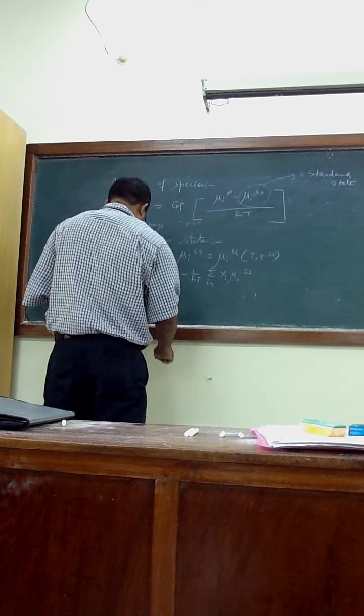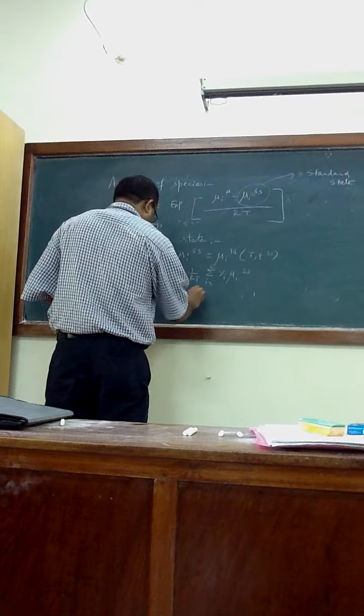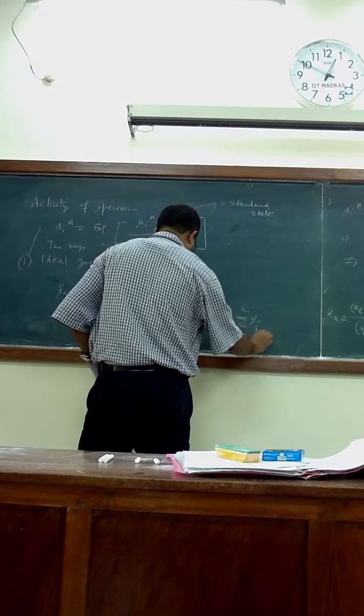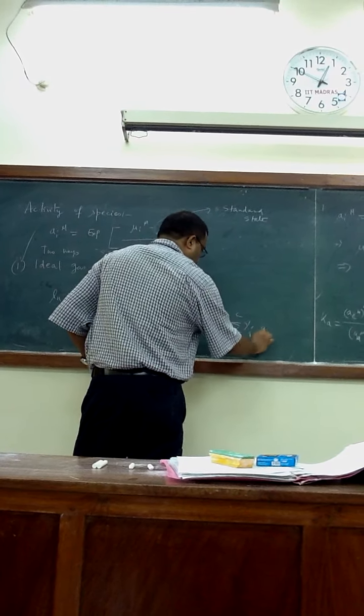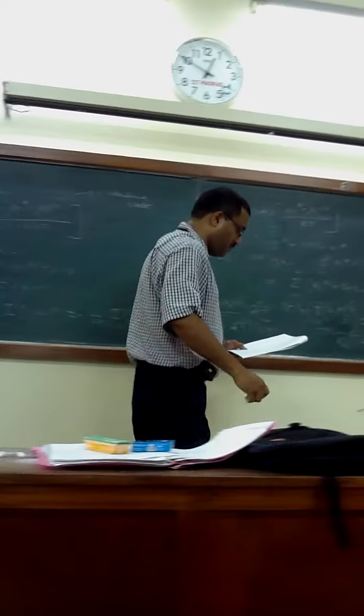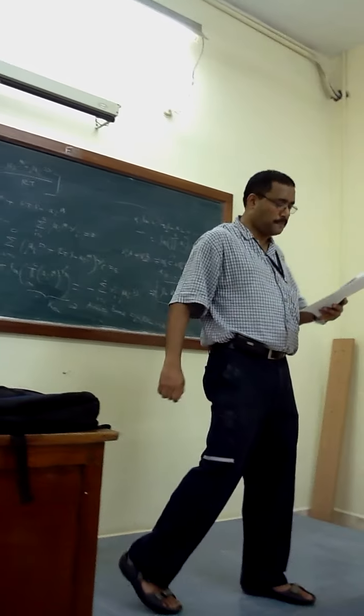You can also write this as, for our case, minus 1 by RT summation I equals to 1 to C mu I Ig, or you can write this as summation I equals to 1 to C gamma I Gi Ig Tp SS. Correct?